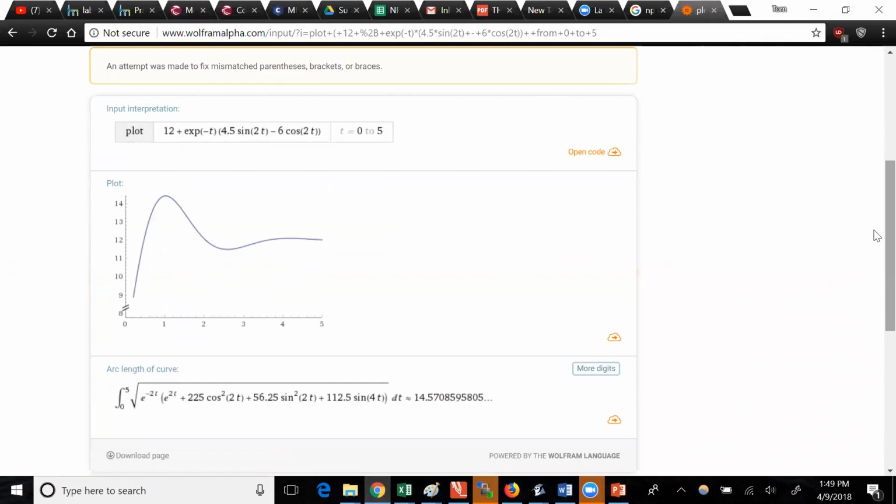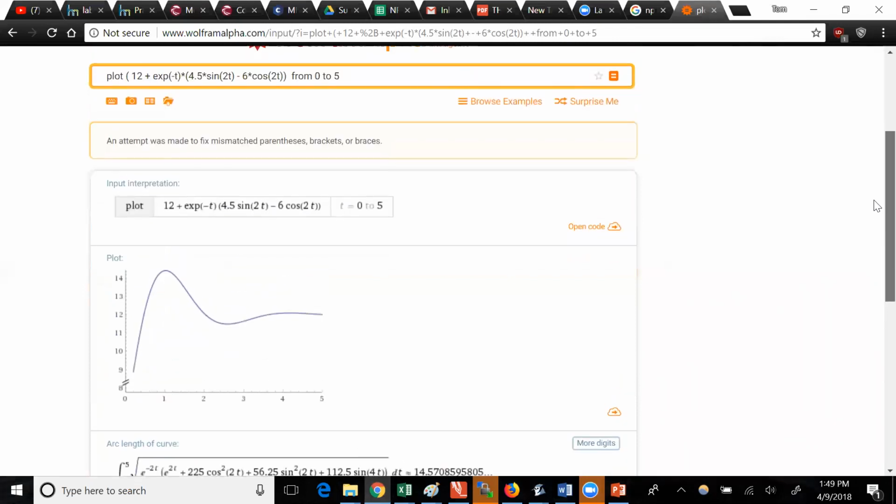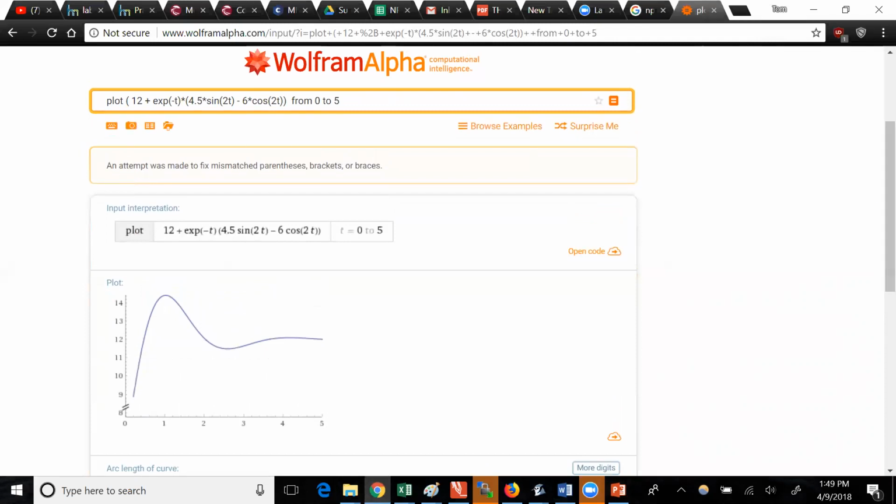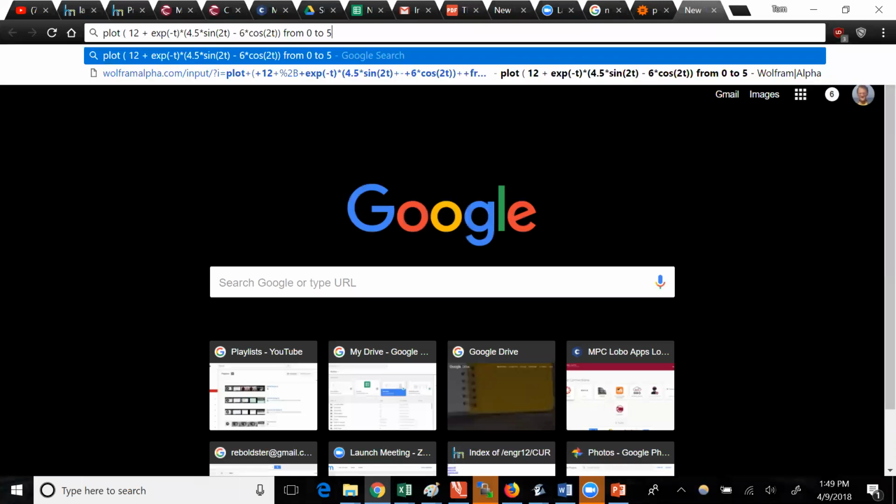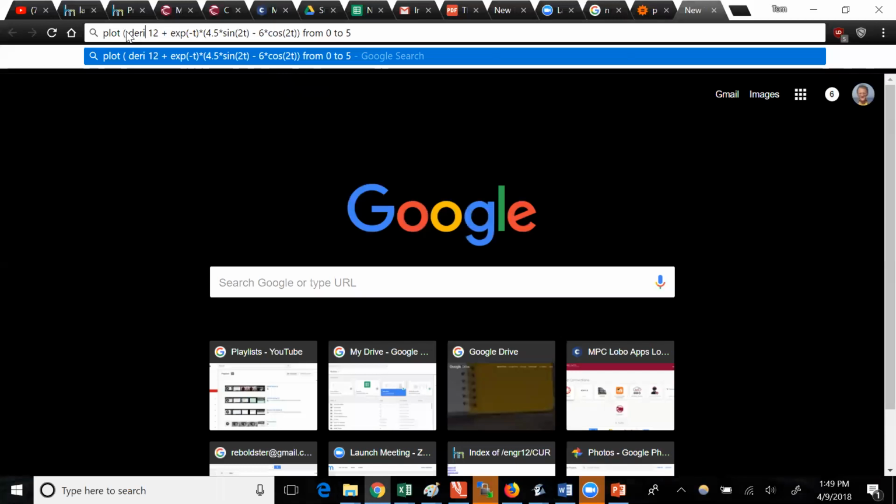If you wanted to, you could try to differentiate that. I don't know if this is something you could just tell Wolfram Alpha you wanted to do. Like, could we just say plot the derivative of? Probably not.